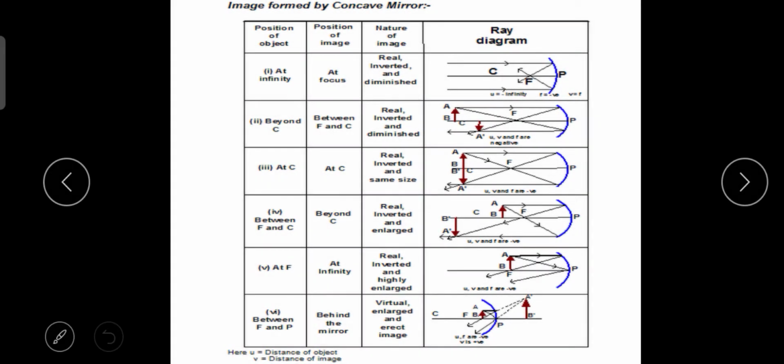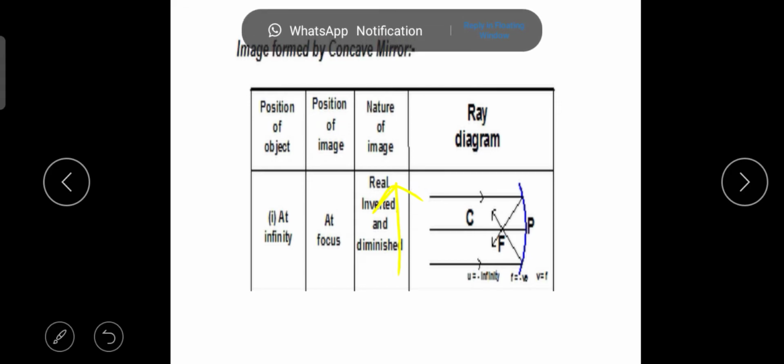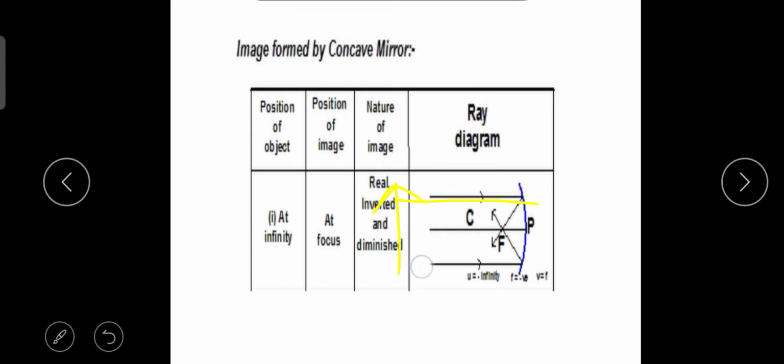So consider the first case. Here you can see that the object is placed at infinity, so the light rays are coming and hitting the spherical mirror.